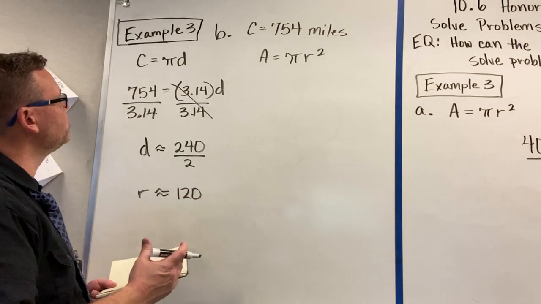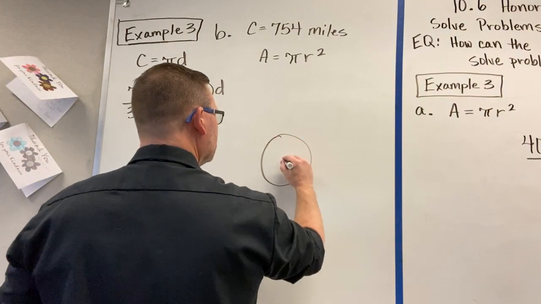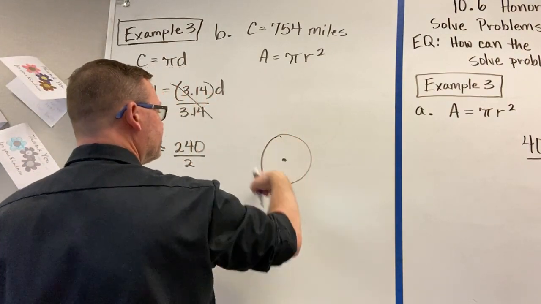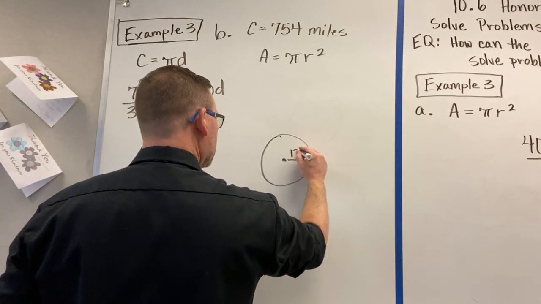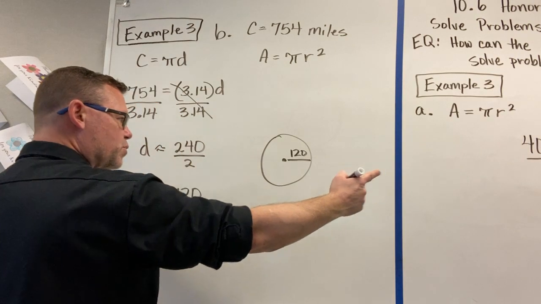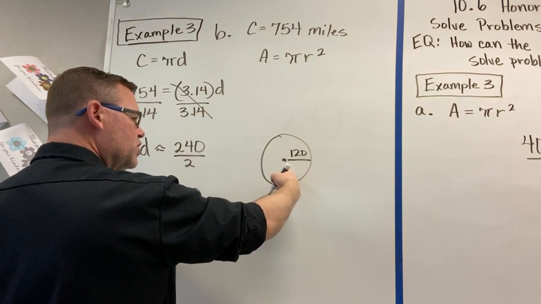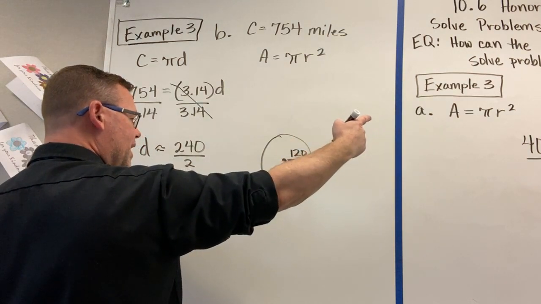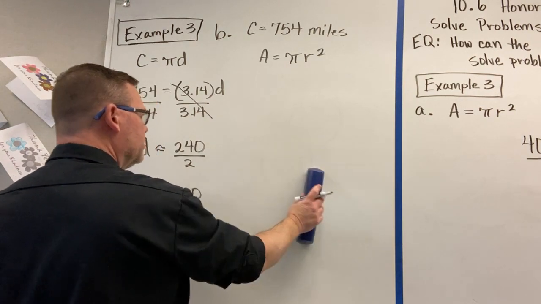Okay, so that means in this example, the circumference we knew was 754, and now we know the radius is 120. For this one, it's 120. So just by estimation, we should know that it's going to be more than 40,000 miles because the 120 is more than the 113 that we had on the last problem.